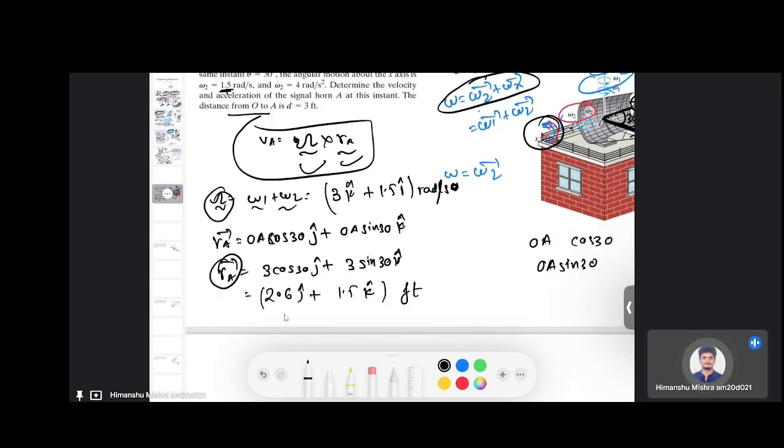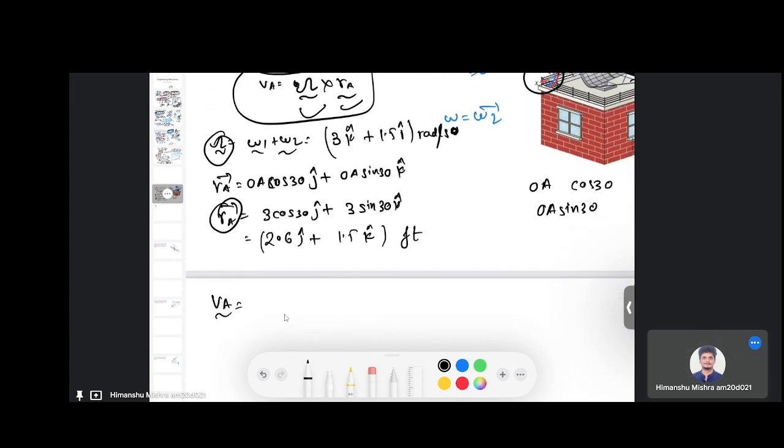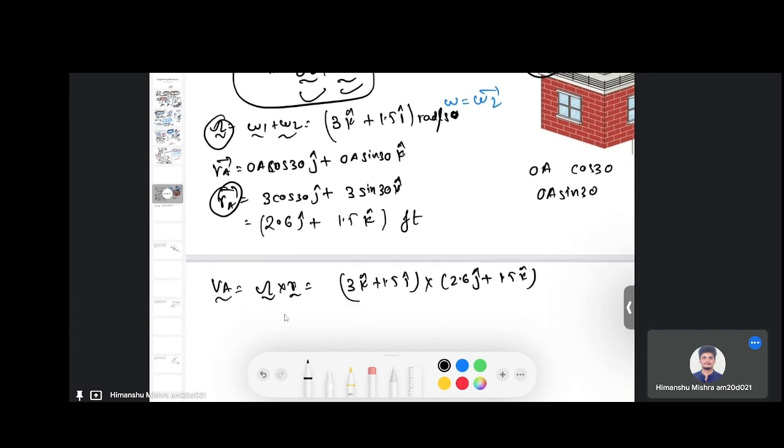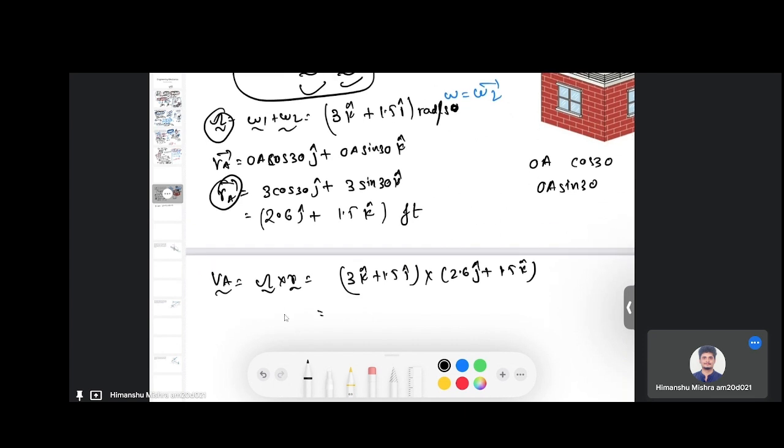Now we can easily calculate the velocity at point A. It is omega cross R, which is omega, 3k plus 1.5 i, cross 2.6 j plus 1.5 k. So first 3k cross 2.6 j, so it's 3 multiplied by 2.6, k cross j.